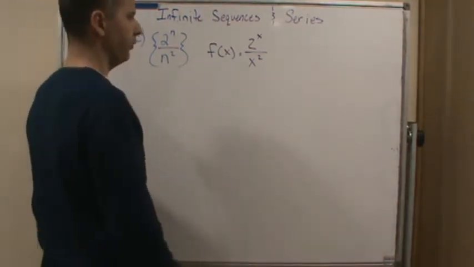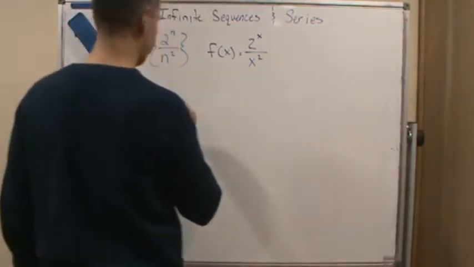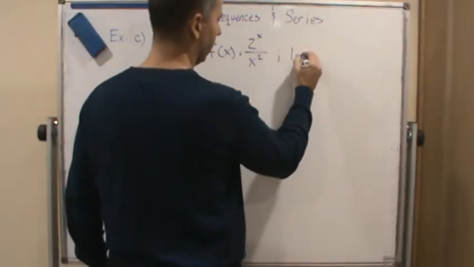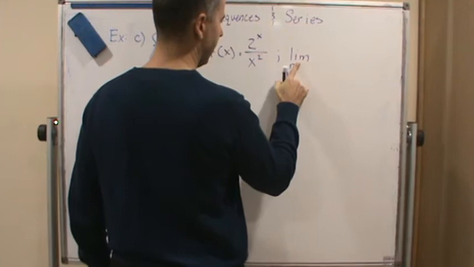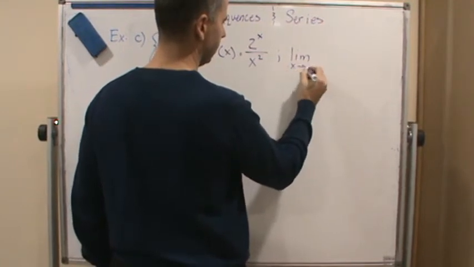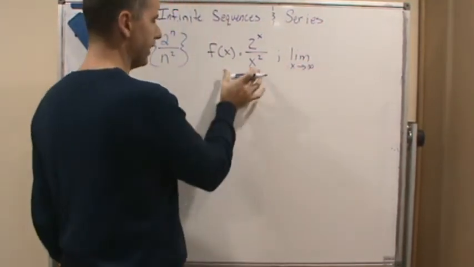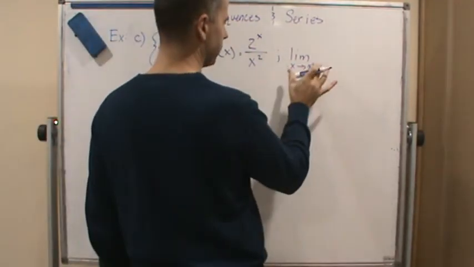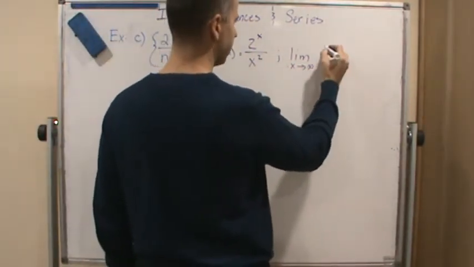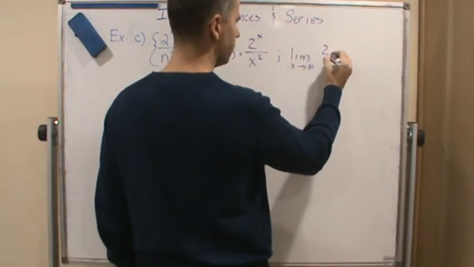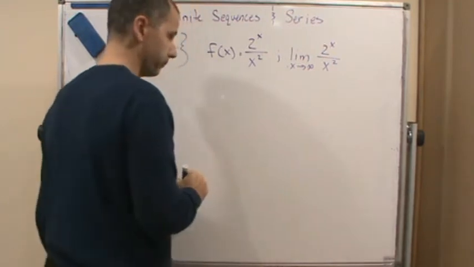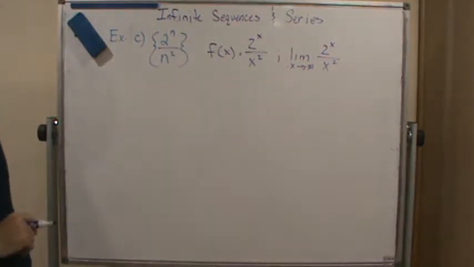Watch. So if we consider this, and we take the limit of 2 to the x over x squared as x approaches infinity.